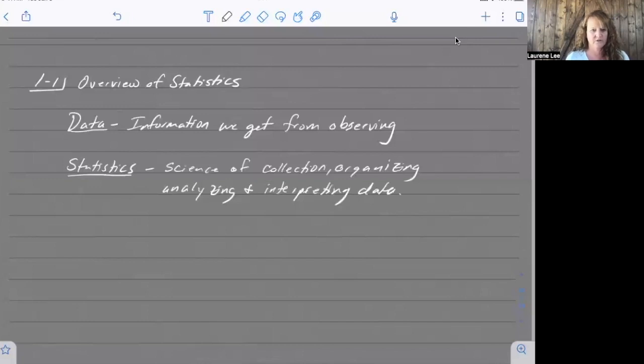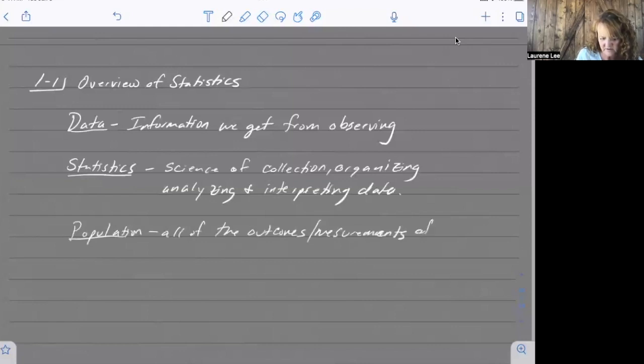So the first vocabulary word in that scenario is the population. The population is defined as all of the outcomes or measurements of interest.